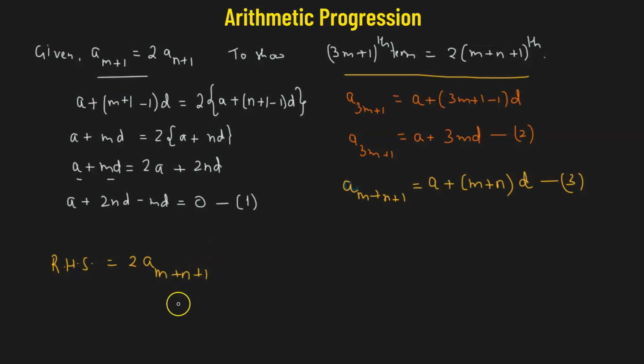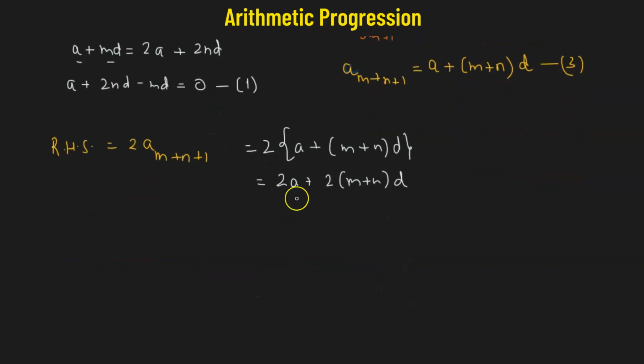That means we have 2 times a plus m plus n times d, which equals 2a plus 2 times m plus n times d. Let's further simplify. We can split 2a into two parts and write it as a plus a. Then we have 2 times m times d plus 2 times n times d.